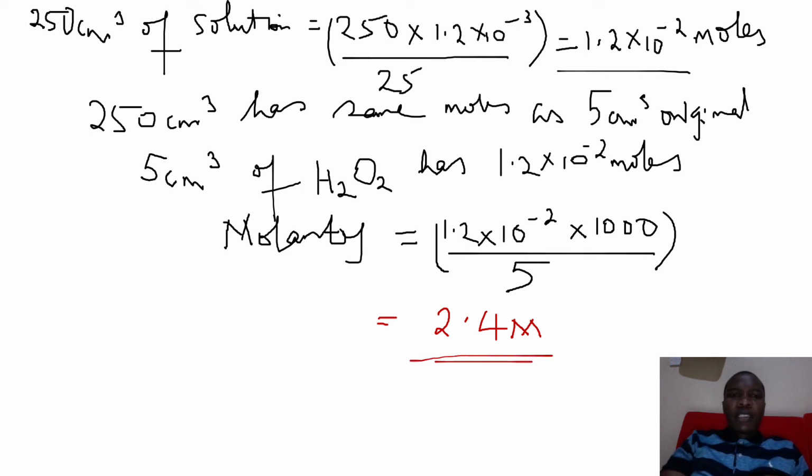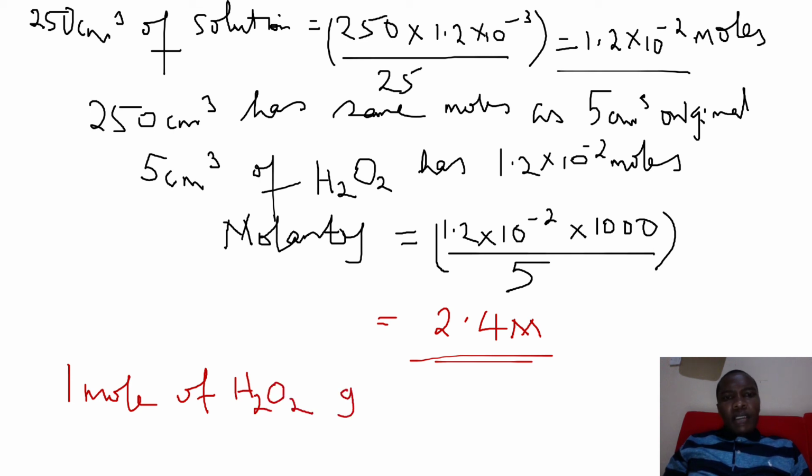So now, from the statement, 1 mole of hydrogen peroxide, we've already known that it gives a half, or 0.5 moles, of oxygen.